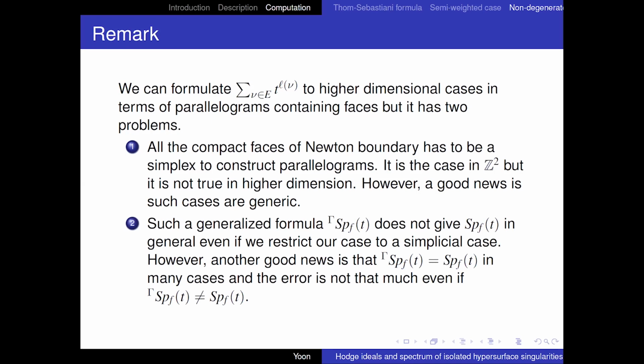Nowadays we have a formula using this method, called the gamma spectrum. Even though we think of such simplicial cases, the formula is not the same in general. Good news is that in many cases they coincide, and the error is not that much even when these two are different.